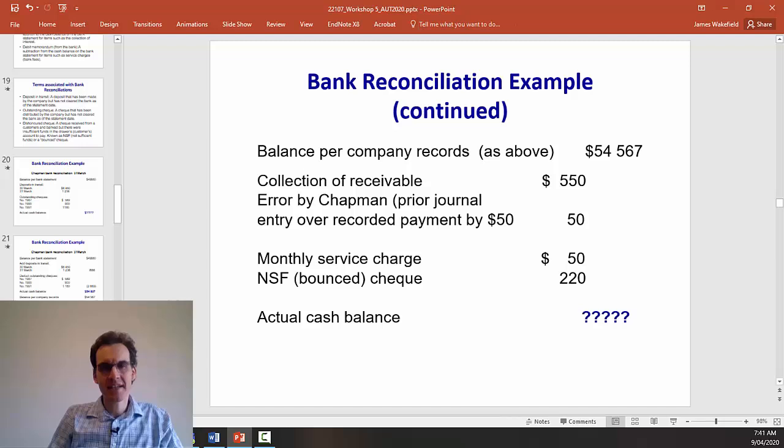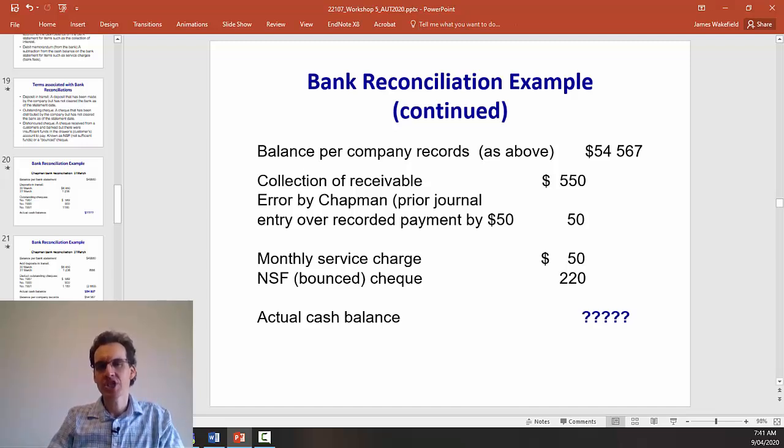So, what we did in the previous step is essentially we looked at the bank statement and we looked at everything that was missing from that bank statement that we recorded in our own business records and reflected in the business's T account.